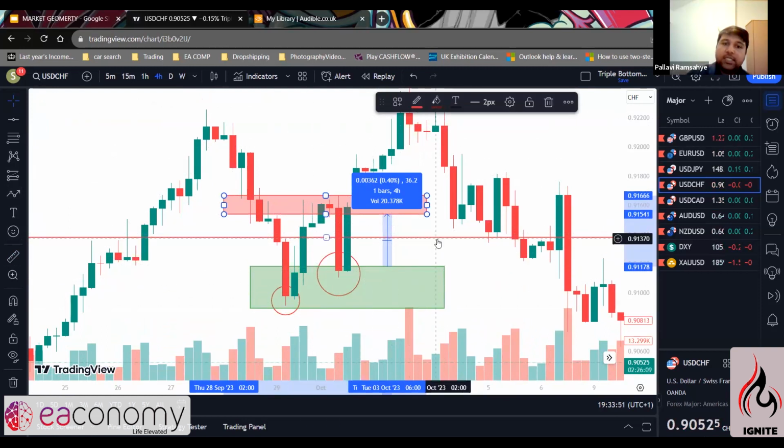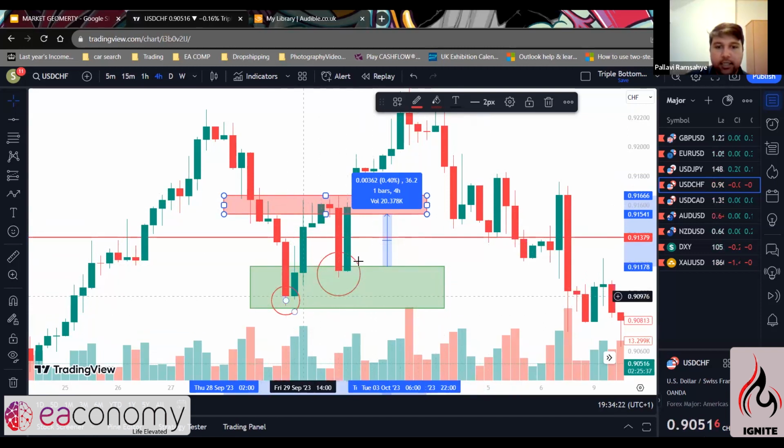With the support and resistance, one thing to keep in mind, which I got wrong when I first started out trading, is I used to draw a line. Your support and resistance is not a line, okay? Don't kid yourself. Price reacts to certain levels, but when it comes to support and resistance zones, like for example this rectangle that I've drawn up, it's not going to stick to a particular price level, if that makes sense.